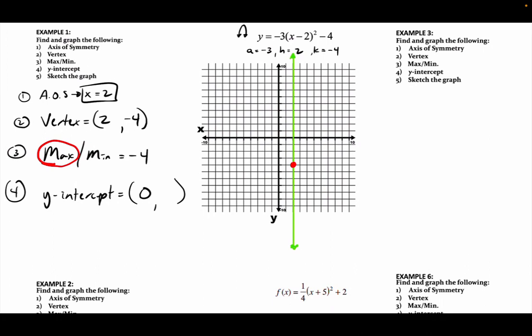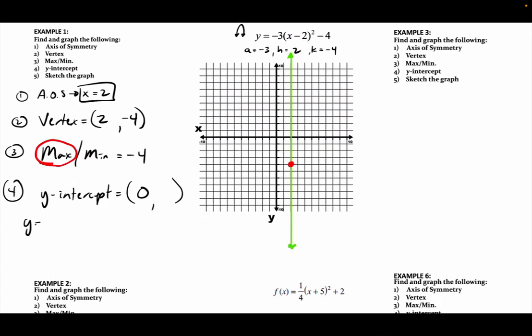There's only an x there, so I'm going to plug in a 0. So I'm going to rewrite everything the same, just 0 instead of x. So y equals -3, 0 minus 2 squared minus 4. Same thing, just no x, 0 in its place.